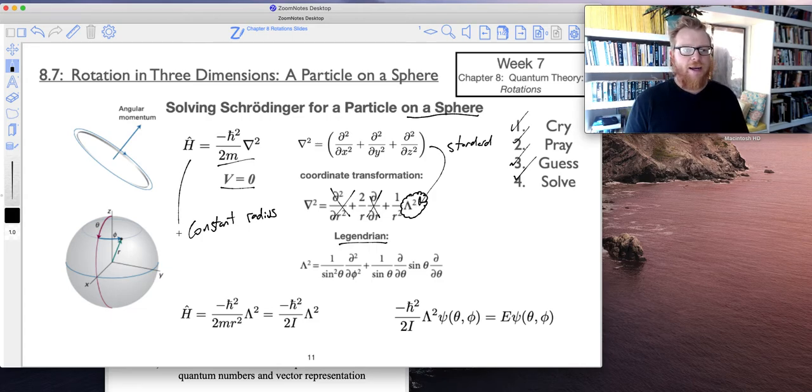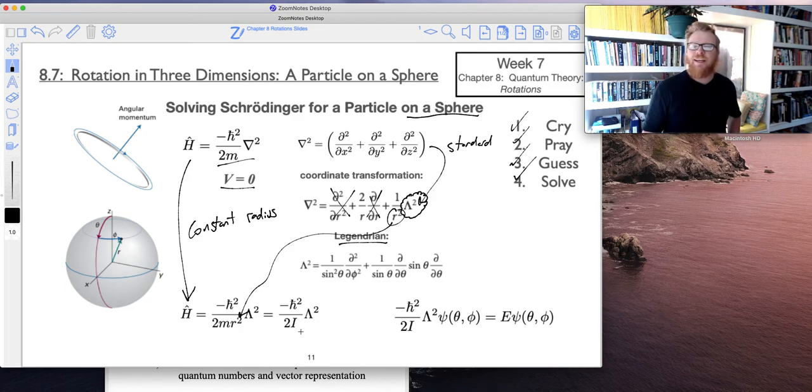And so now our kinetic energy operator becomes negative h bar squared divided by 2m r squared, that comes from right there, okay, times the Legendrian, and that all becomes negative h bar squared divided by 2I times the Legendrian, okay?